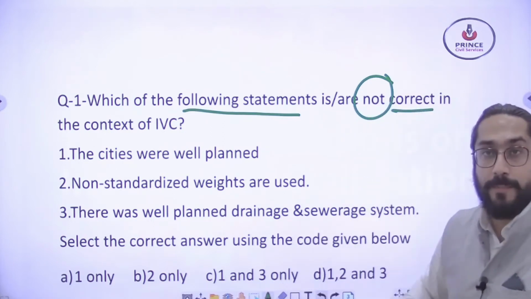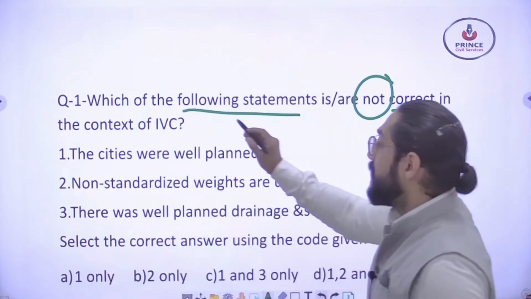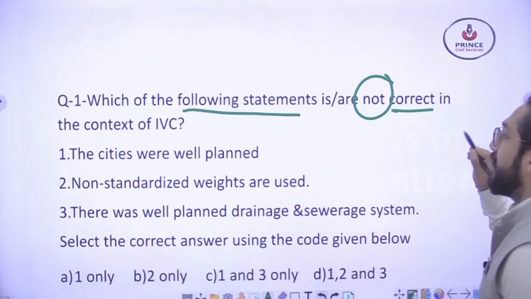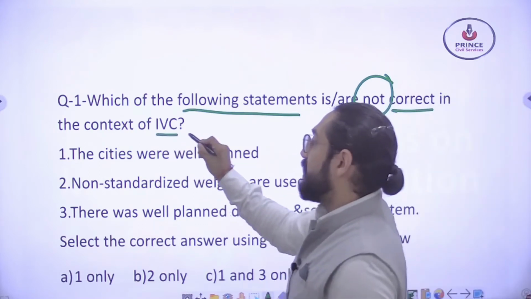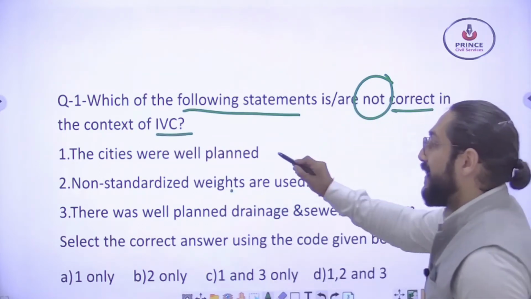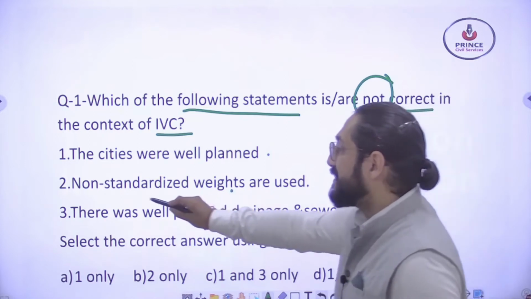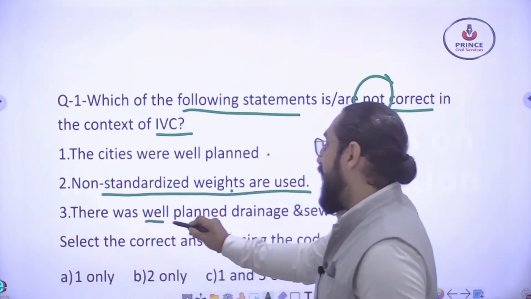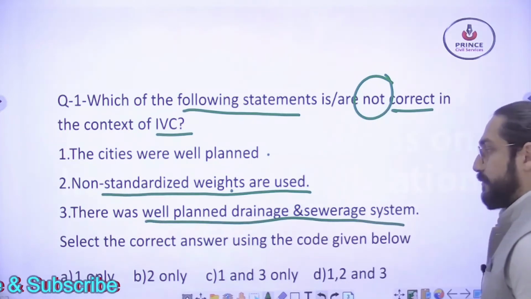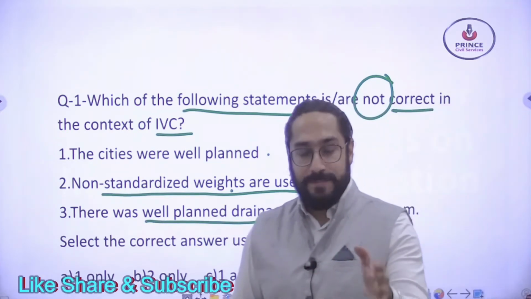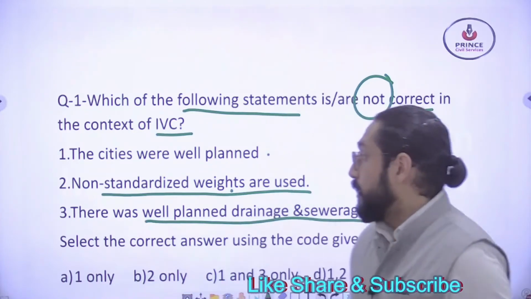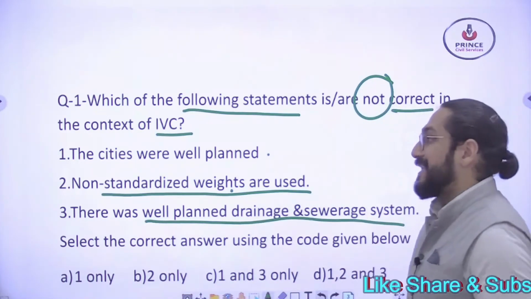The question is: which of the following statements are not correct in the context of IVC? Cities were well planned; non-standardized weights are used; there was a well-planned drainage and sewerage system. Friends, please pause the video and solve this question. Let's look at the explanation.